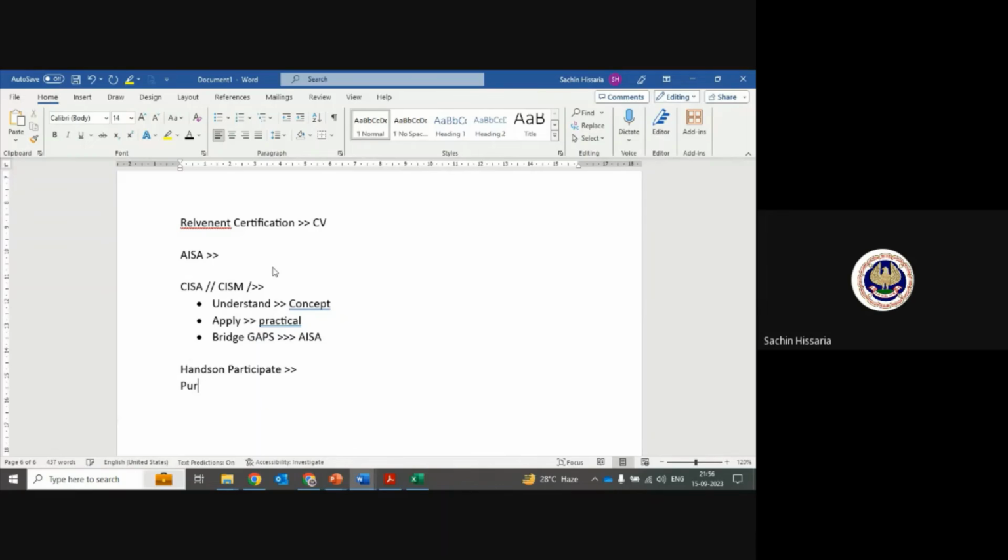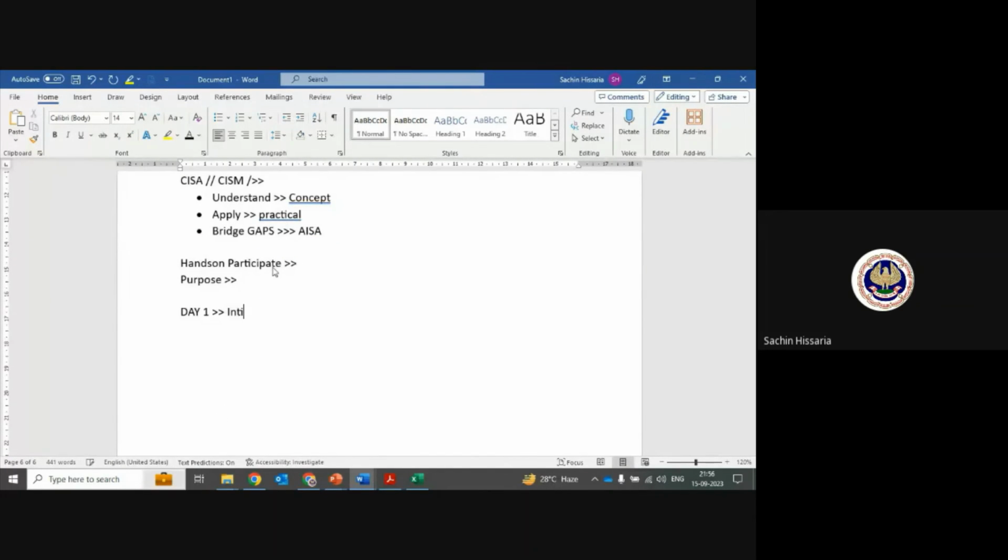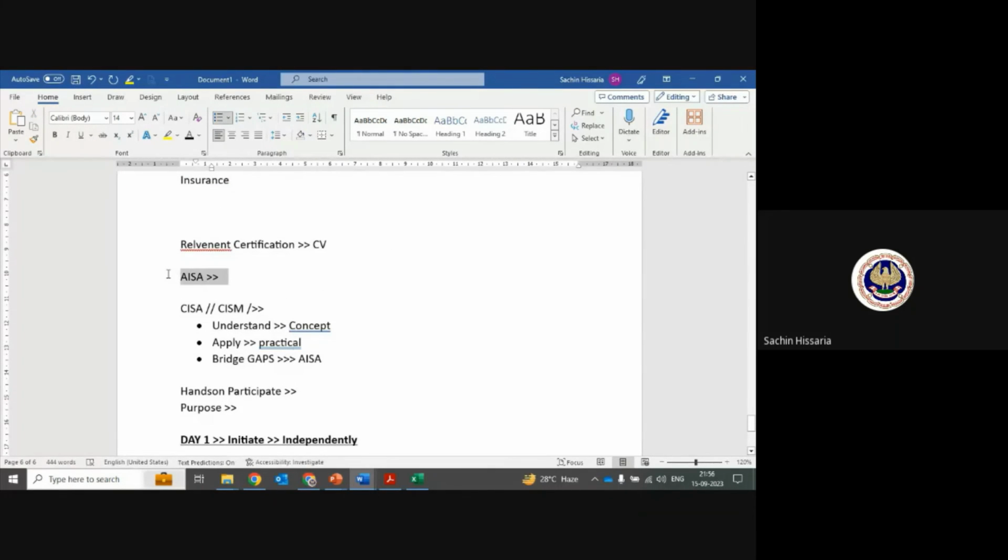The purpose of this certification is to give hands-on training to the participant so that from day one, they can at least initiate an audit independently. This is the main purpose of this certification, where we are trying to train the participants so that they can do the audit independently. Very good certification. You can explore this certification, and some other certifications as well.